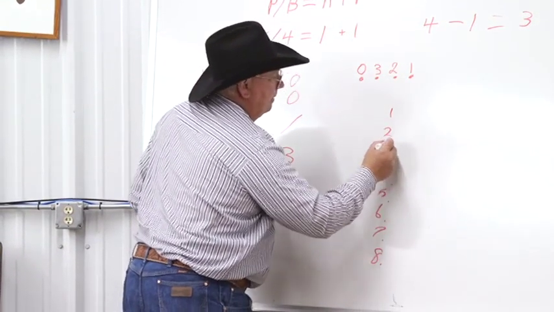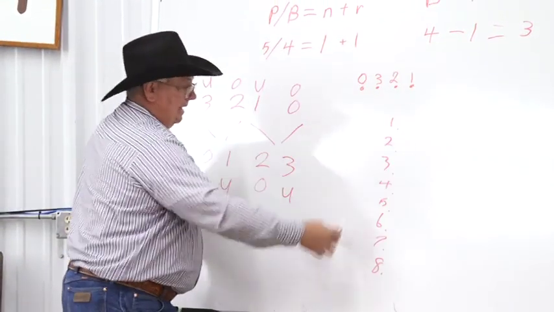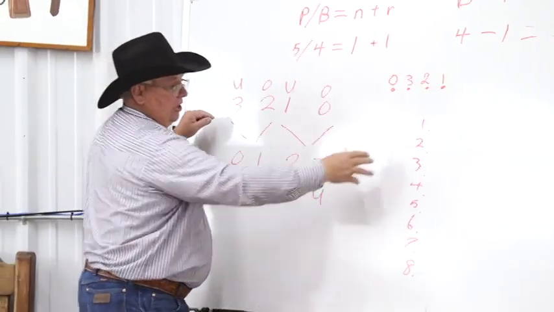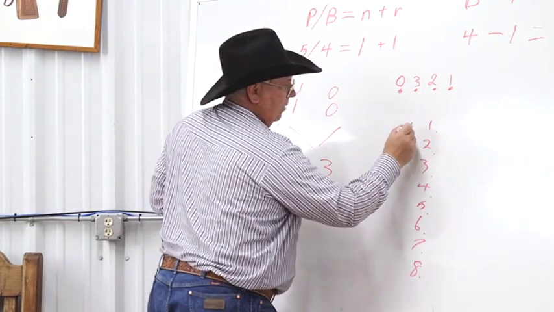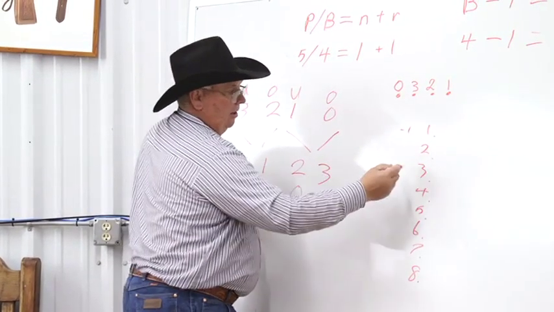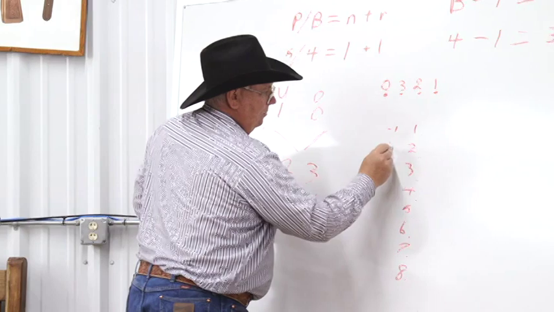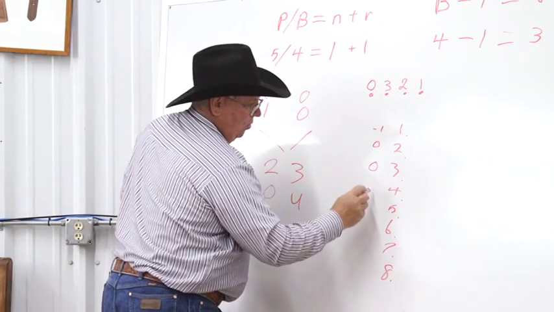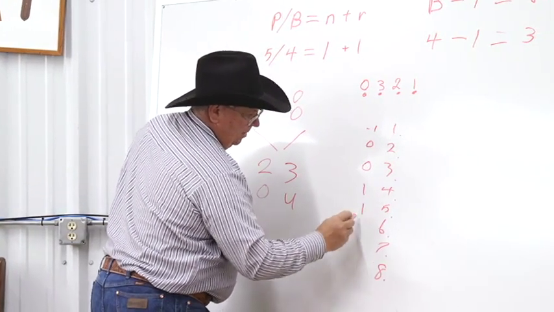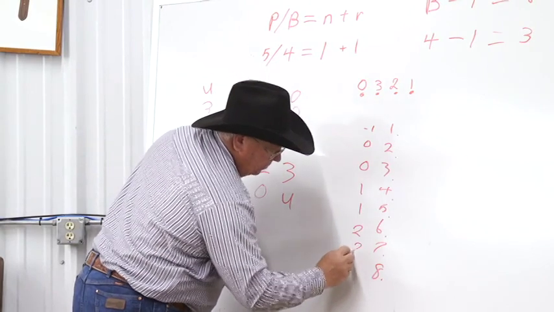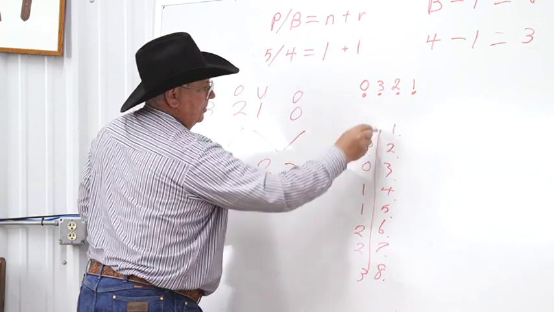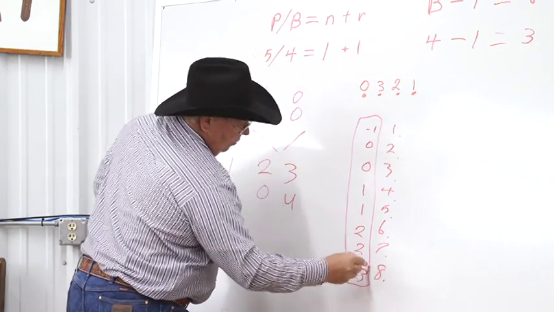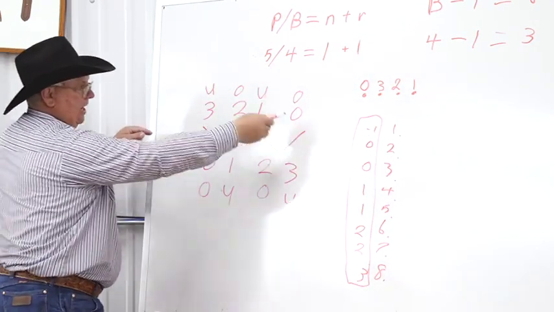The number that you're looking for on these half cycles, the first one is a -1. But here is 0, 0, 1, 1, 2, 2, 3. So these are the numbers that we're going to be looking for at each half cycle.